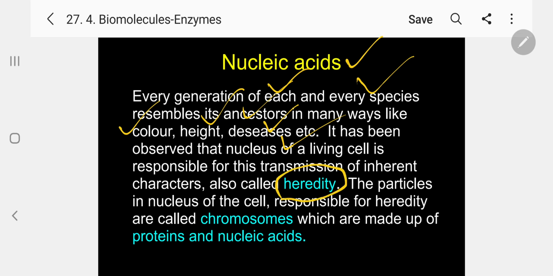Please follow. The term heredity you have already heard about in botany as well as zoology. Separate unit is available there.